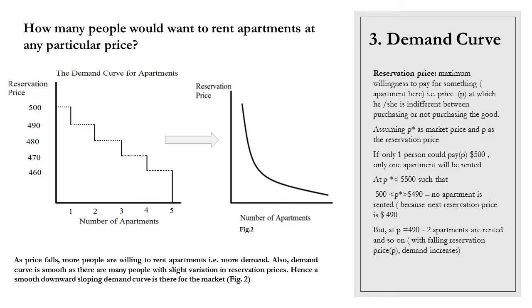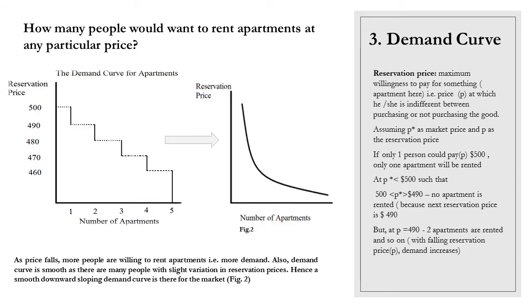In the figure we can see, for example, that if a person could only pay $500, only one apartment will be rented. If the price is below $500 but still greater than $490, no additional apartment is going to be rented, because quantity is integral in value, right?